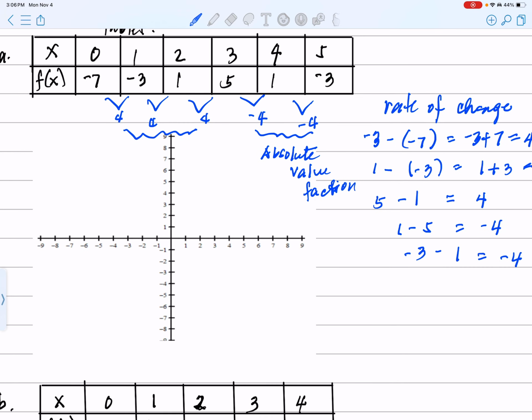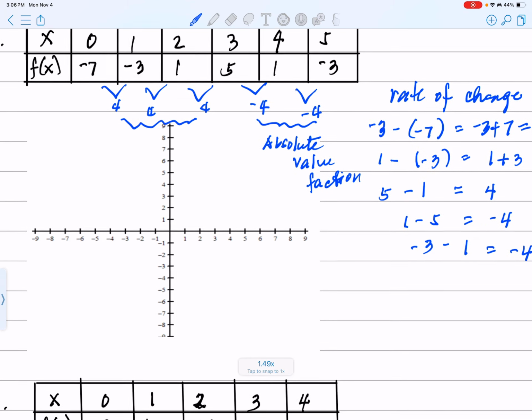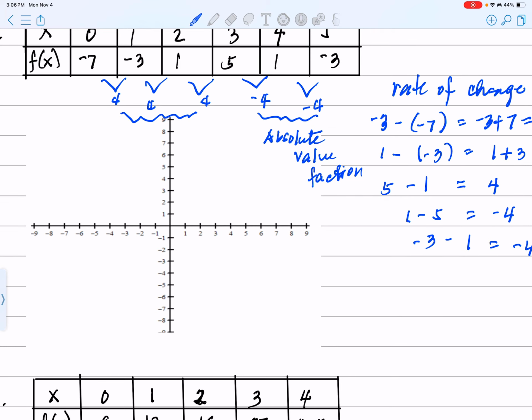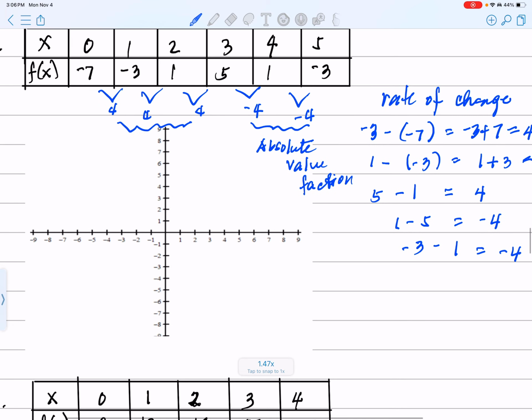Let's do that by plotting the points. When x is 0, it's negative 7. So my first point is right here. When x is 1, I have a negative 3. When x is 2, I have 1 right here.